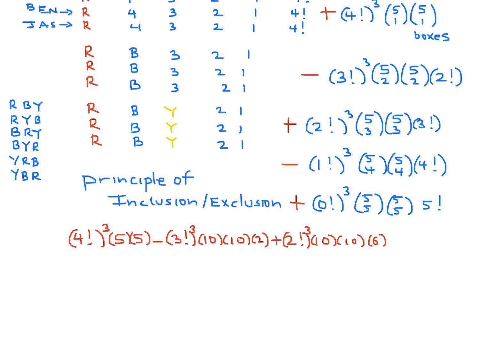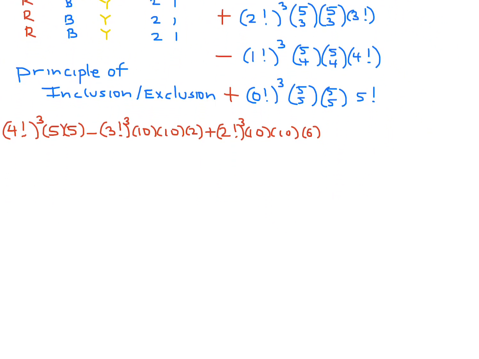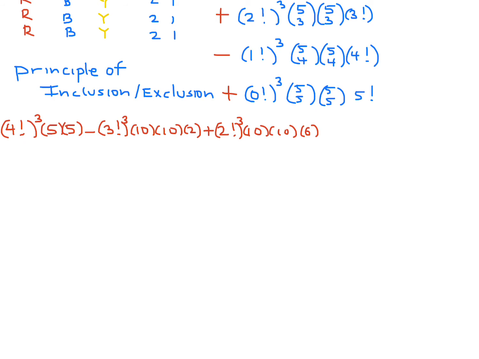And then you are subtracting, let's see here, what's the next one? This guy, right? So that's just minus 5 times 5 times 4 factorial. And then finally the last one is just 120.